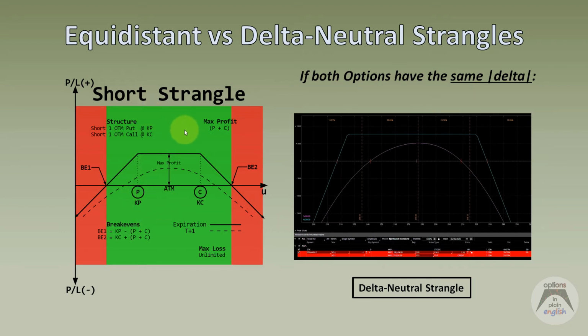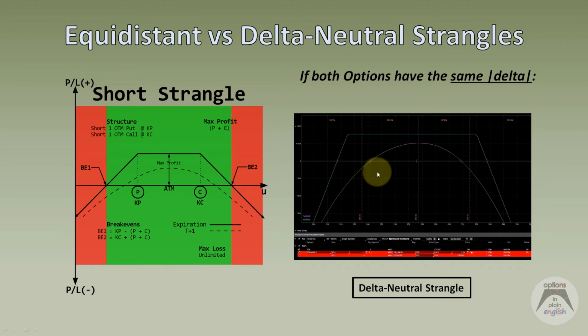But if we talk about strangles, instead of going to the current price and going the same distance away from the current price for calls and puts, if you want perfect delta neutrality, what you want to do is pick the call and the put to sell if you want the short strangle, or to buy if you want the long strangle, that have the same value of delta, not the same distance, because the skew is going to make deltas not be equidistant for the same values.